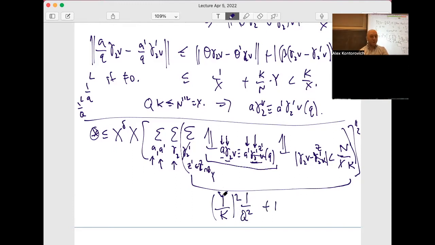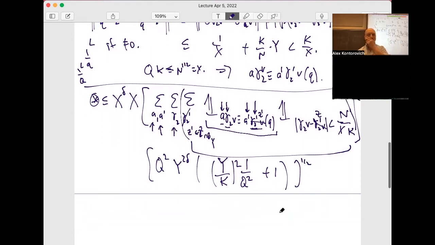Again, y squared is n to the half. But now we have k. So let's leave this plus 1. How many points do I have here? I have y to the 2 delta values of gamma 2. And how many points for A and A prime? Q squared. Okay, so all this to the 1/2.